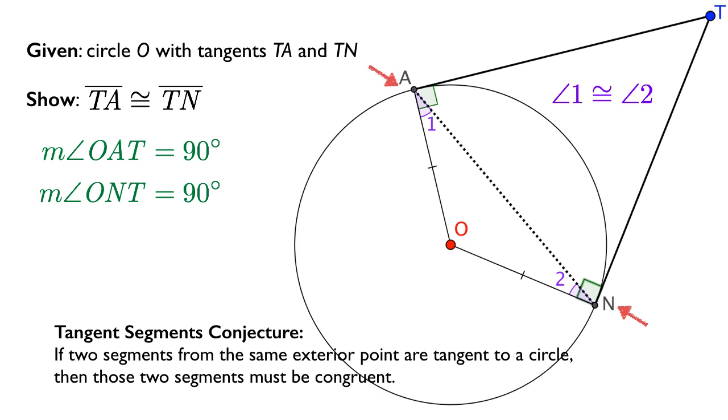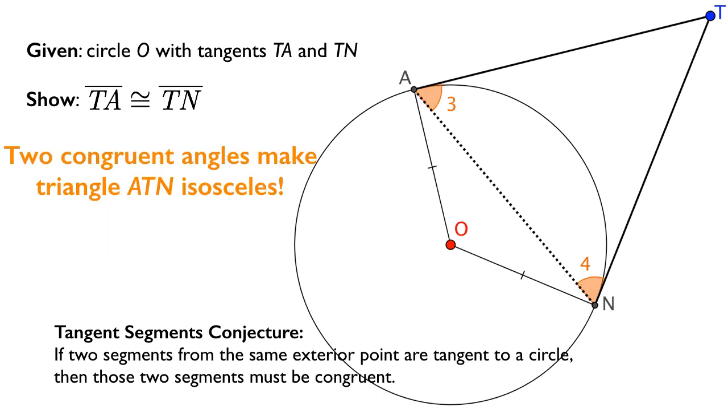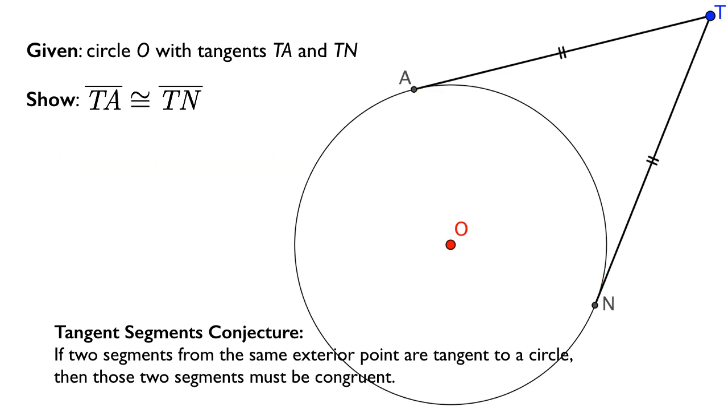And so that means if 1 is equal to 2, then 90 minus 1 is equal to 90 minus 2. So we could say those are angles 3 and 4. Well, if 3 and 4 are congruent, then triangle ATN is isosceles. Well, and isosceles triangles have congruent legs. And so there we go. We've proven that TA and TN have to be congruent.